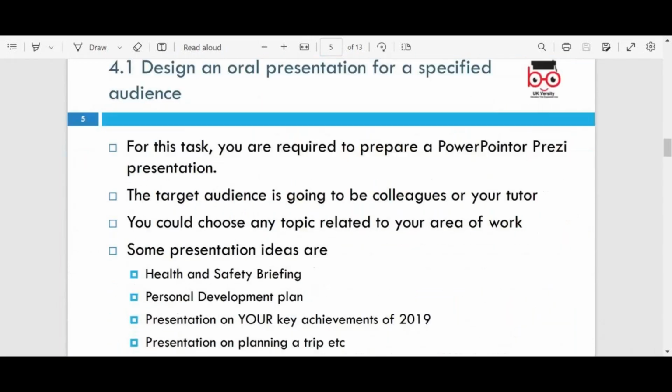Yeah. Design an oral presentation, 4.1. You design an oral presentation for a specified audience. For this task, you are required to prepare a PowerPoint or Prezi presentation. The target audience is going to be colleagues or your tutor. You choose a topic area related to your area of work.